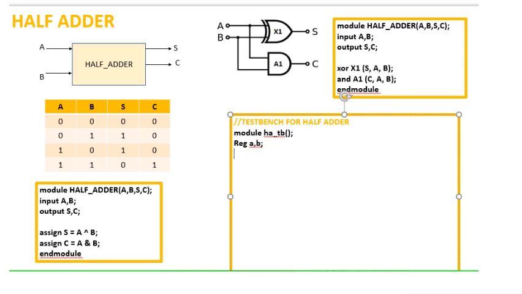And for a change, I will take the outputs as sum and carry. This is just to demonstrate that you can take any valid identifier names for your signals. The mapping is only going to happen by means of the order in which you place the signals.